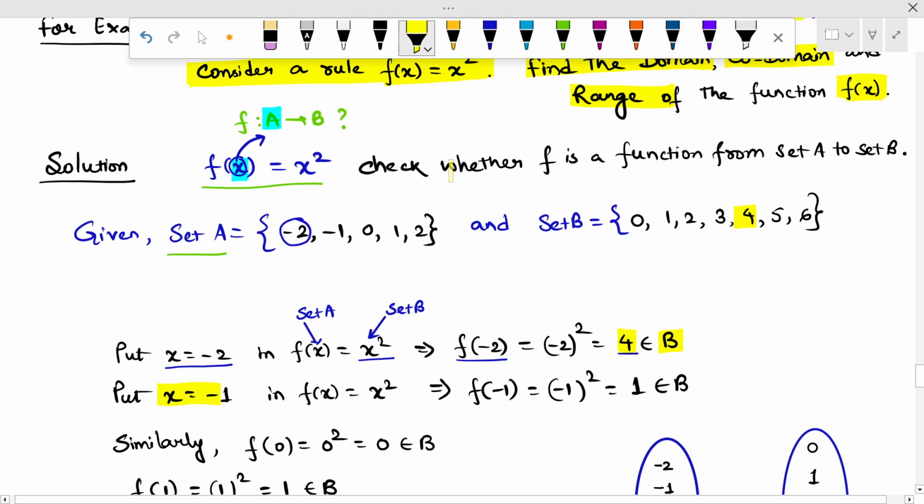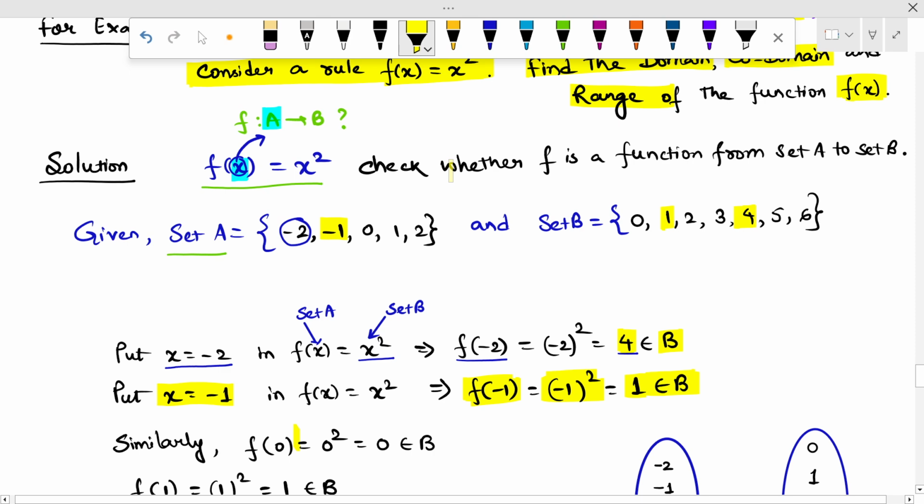Similarly, we put x equal to -1. This -1 belongs to set A. So f(-1) is equal to (-1)², which is equal to 1, and this 1 belongs to this set B, right?